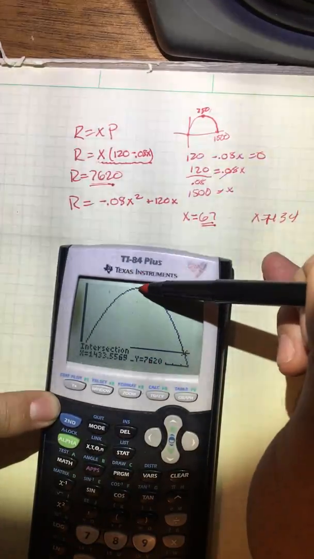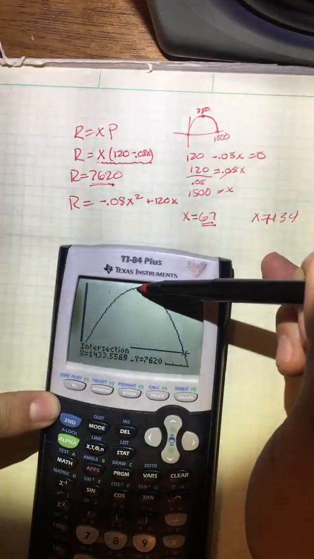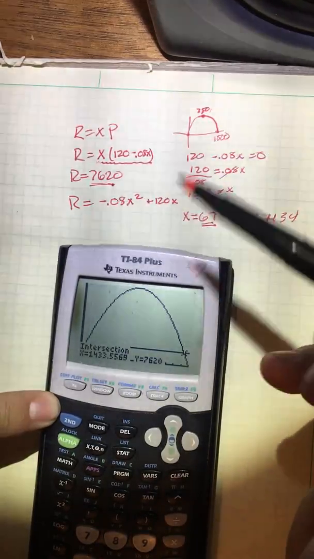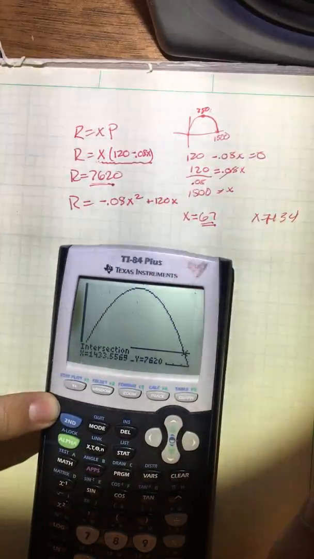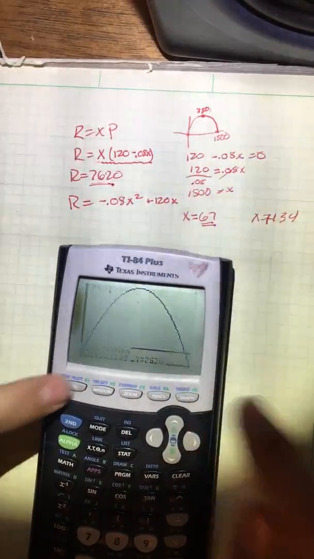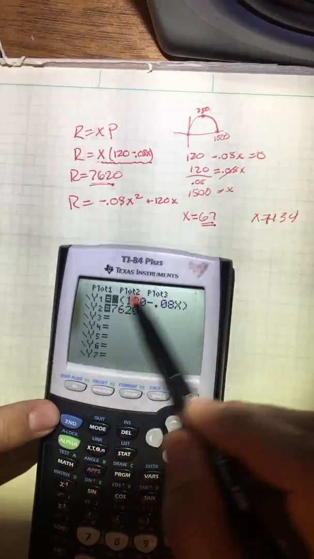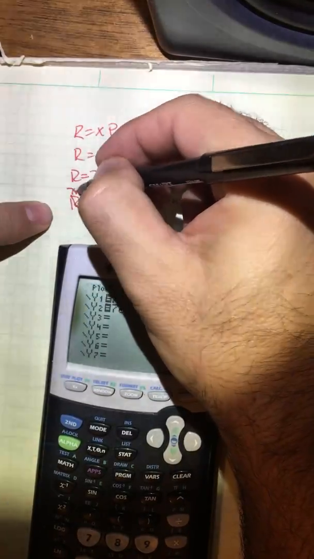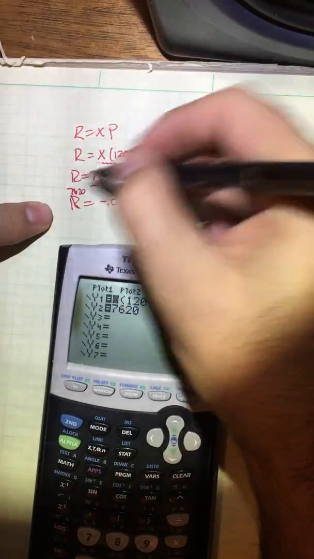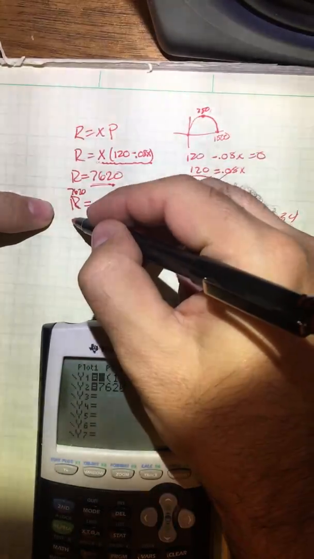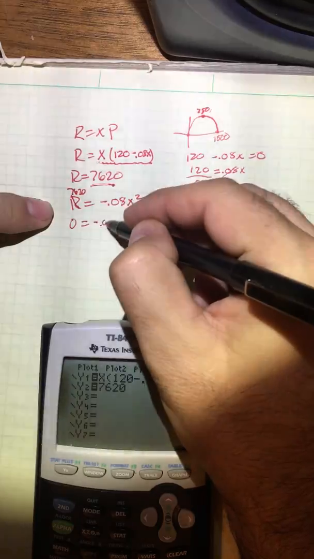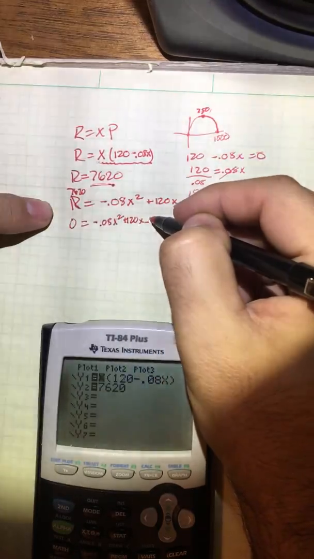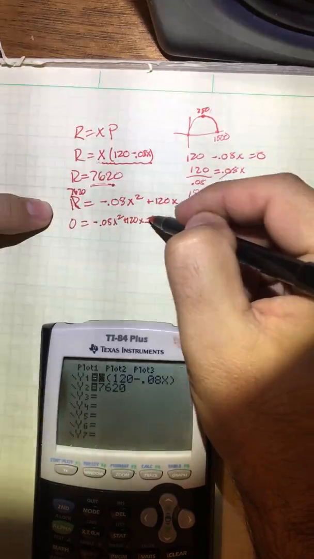Interestingly, if I make 750 items right there, that will achieve the maximum possible revenue, but it didn't ask me that. Now, what it looked like you were trying to do in your work was take all of this and make a single equation out of it. Which you can: if I put the 7620 right there and move it to the other side, I'd get 0 equals negative 0.08x squared plus 120x minus 7620.